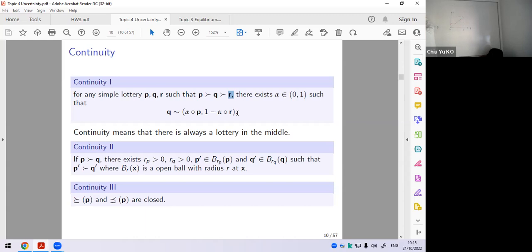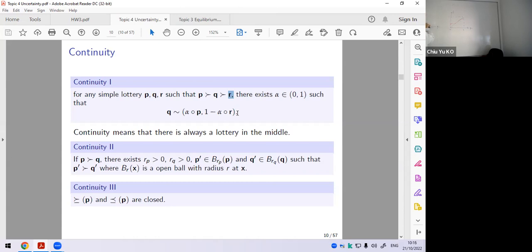and suppose there's some Q, that means you can always mix these two. Some mixing of these two will be indifferent to this one, and that is a little bit more general, because Q can be here.